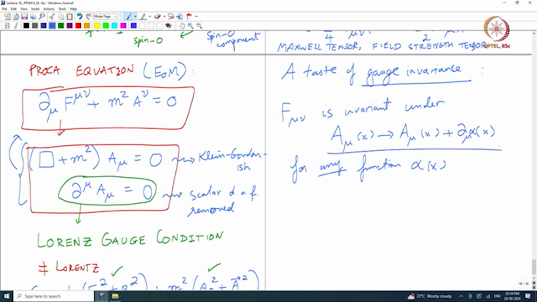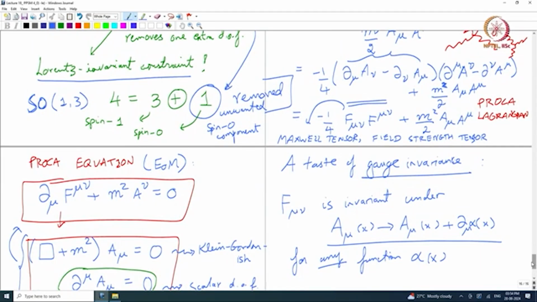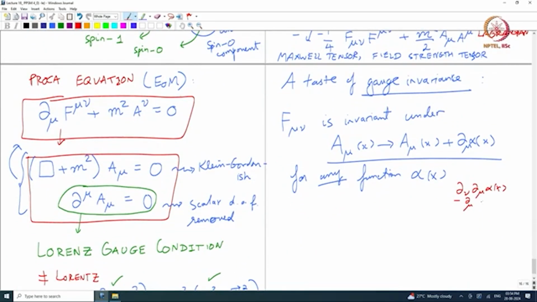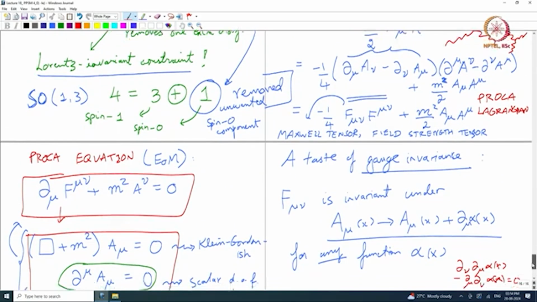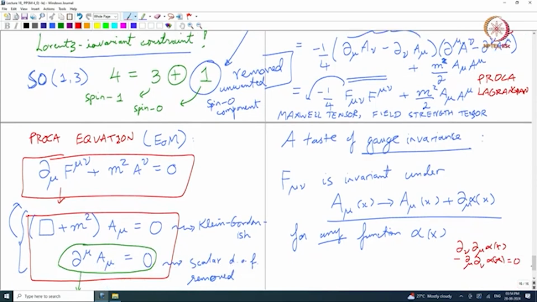Under this transformation, notice that F mu nu is indeed invariant. Do you agree? I have a dou mu over here. The cross terms will basically be dou nu dou mu alpha of x minus dou mu dou nu alpha of x. That's just 0, right? Those are the cross terms that I need to account for. The rest is still the A mu A nu terms, right?